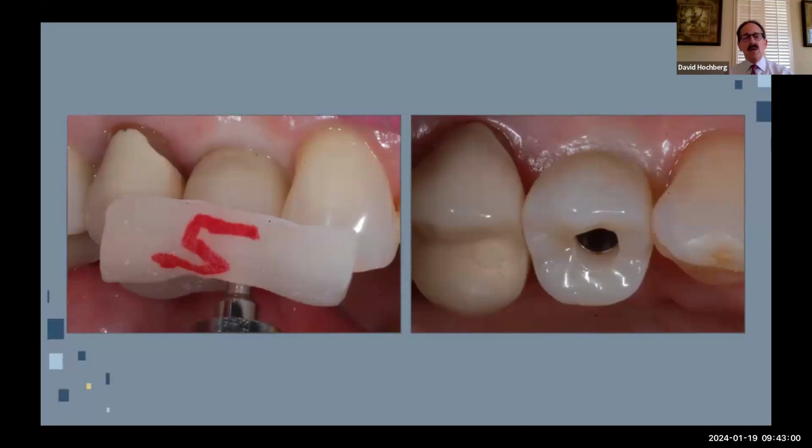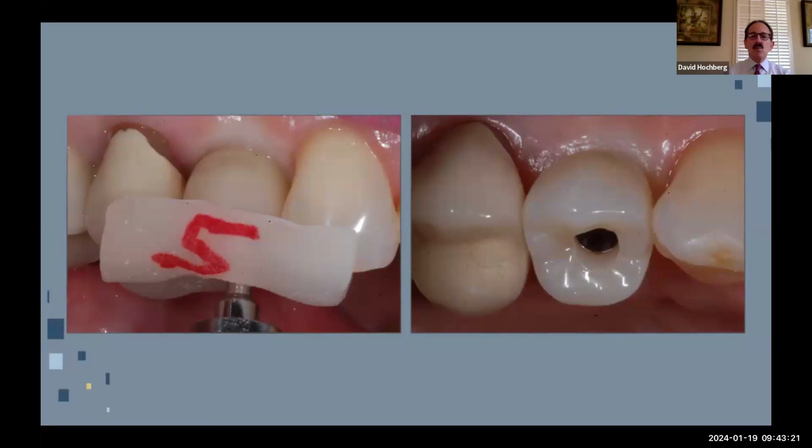For me, sometimes it's much easier to cement the crown, because adjusting the contact is simply taking it off with your fingers, just like you're doing it with a real tooth. So it's what's your preference. It's not a bad thing, but these are things that come into play with this restoration.